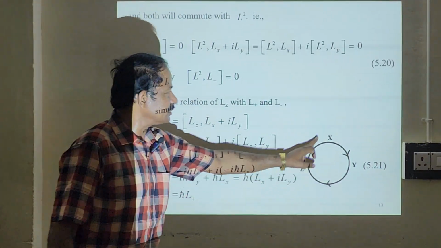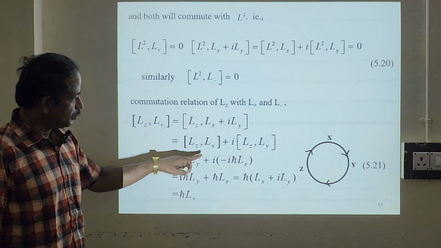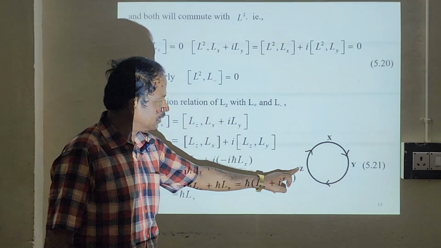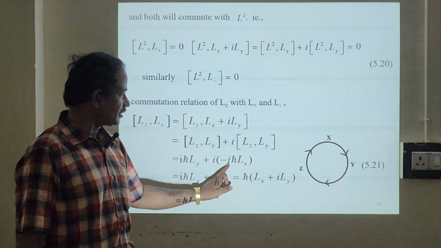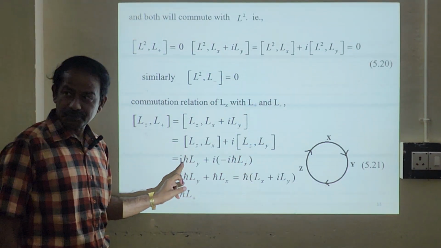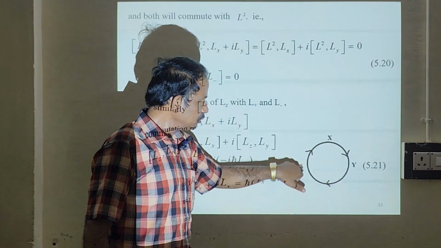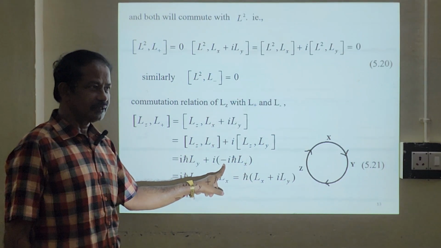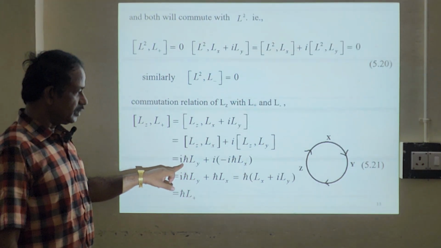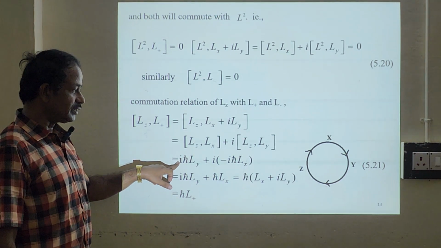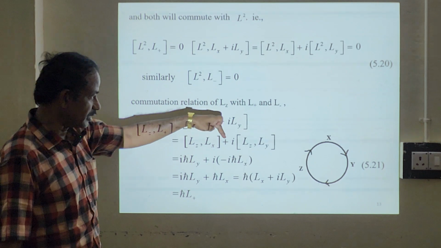Lz, Lx follows the cyclic order, so that gives plus i h bar Ly. Lz, Ly goes in the opposite direction, so the answer will be minus: minus i h bar Lx. So don't forget this.